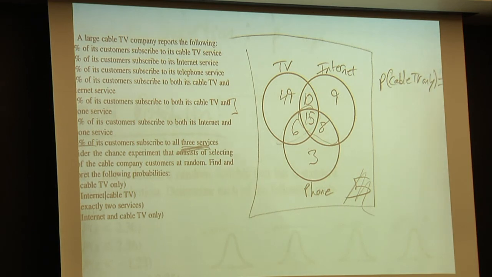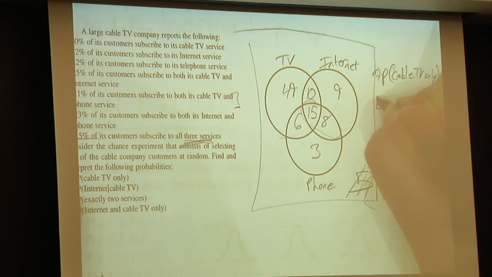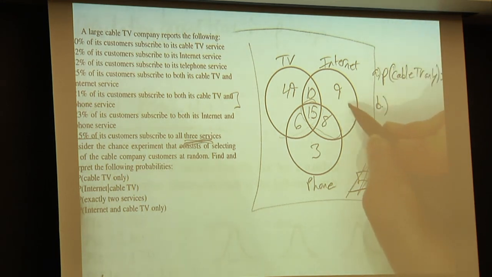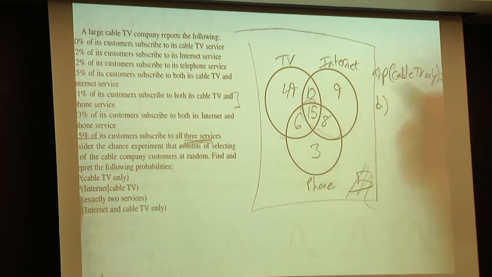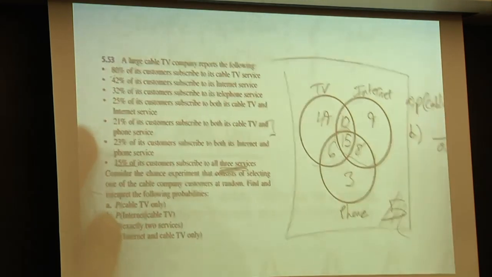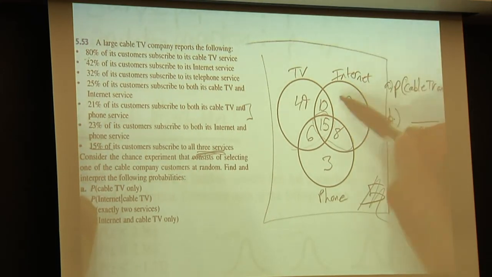If we had internet, given that we had cable TV in part B, internet given cable TV, how many people have cable TV? They said 80%. So whatever we have, it's going to be out of 80, right? They told us before that's our denominator, the 0.8. And then we also need to have internet and the cable.